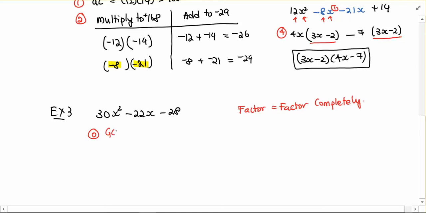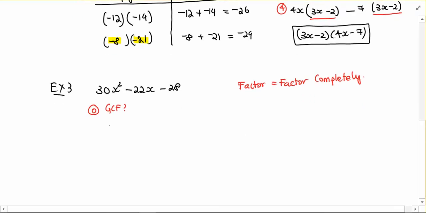So GCF, right? So I'm going to look at my 30, and I'm going to think of the ways 30 and 22 and 28 break apart, and I can see that they all break apart on 2. So this is really 2 and 15, and this is 2 and 11, and this is 2 and 14, and that's the only thing they have in common, and the lowest power is 2 to the first, of course, as you can see.